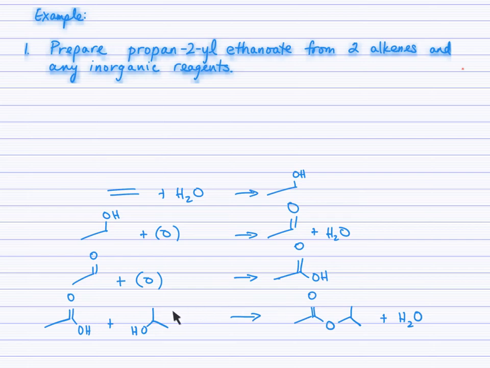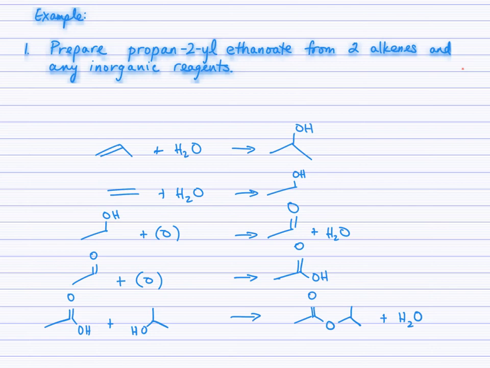So now I need to prepare this alcohol, and I notice that it is a 3-carbon alcohol with the OH attached off the 2nd carbon, a secondary alcohol. So I need to place my double bond in such a way that I can hydrate the double bond, adding and following Markovnikov's rule.